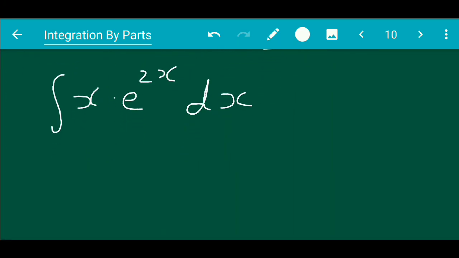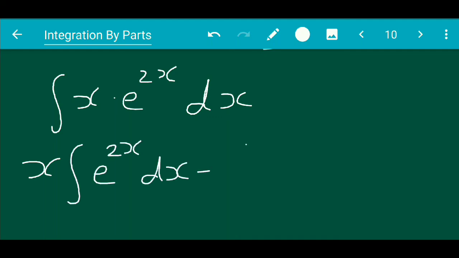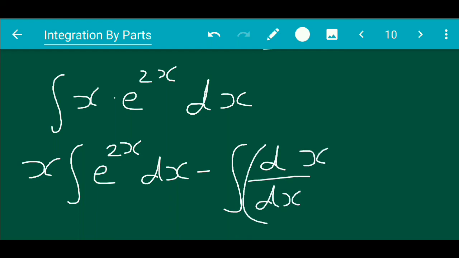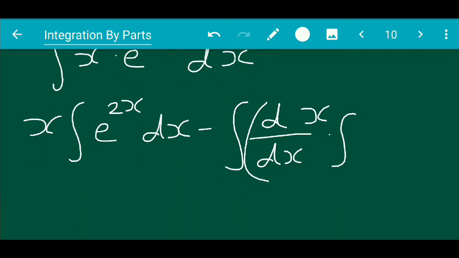By using the same formula, that is the u into v formula for integration, we get x times the integral of e raised to 2x dx, minus the integral of d/dx of x into the integral of e raised to 2x dx, into dx.